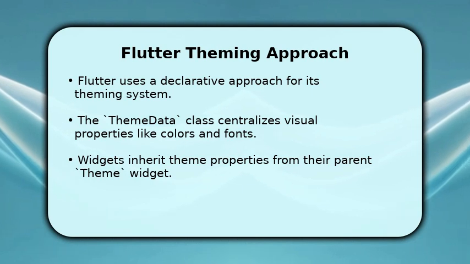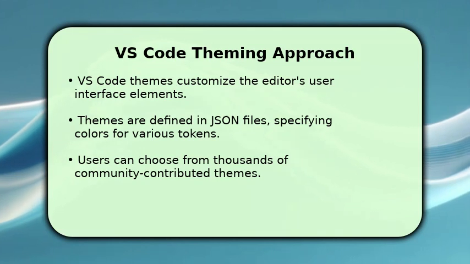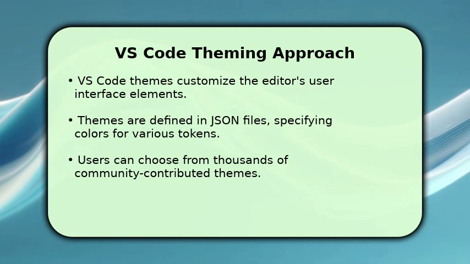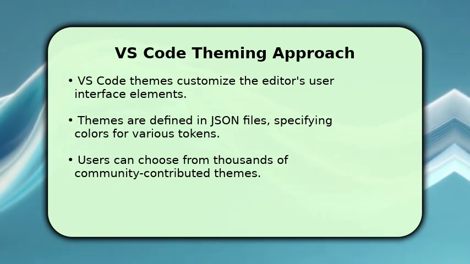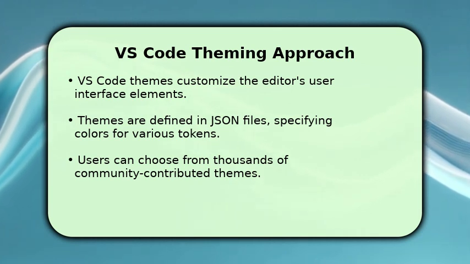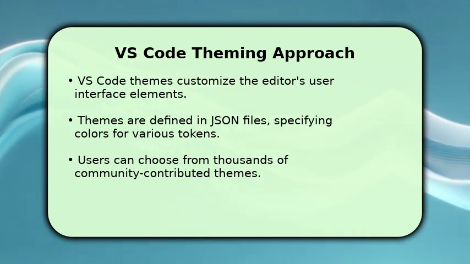valuable development time. VS Code themes, on the other hand, focus on personalizing the integrated development environment itself. These themes are typically defined in JSON files, meticulously mapping colors to specific UI elements like syntax highlighting, editor background, and sidebar components.